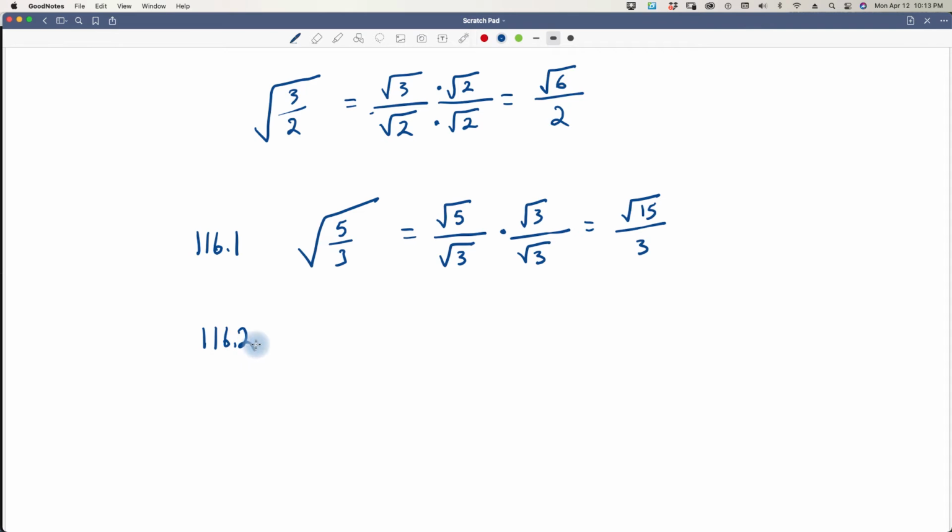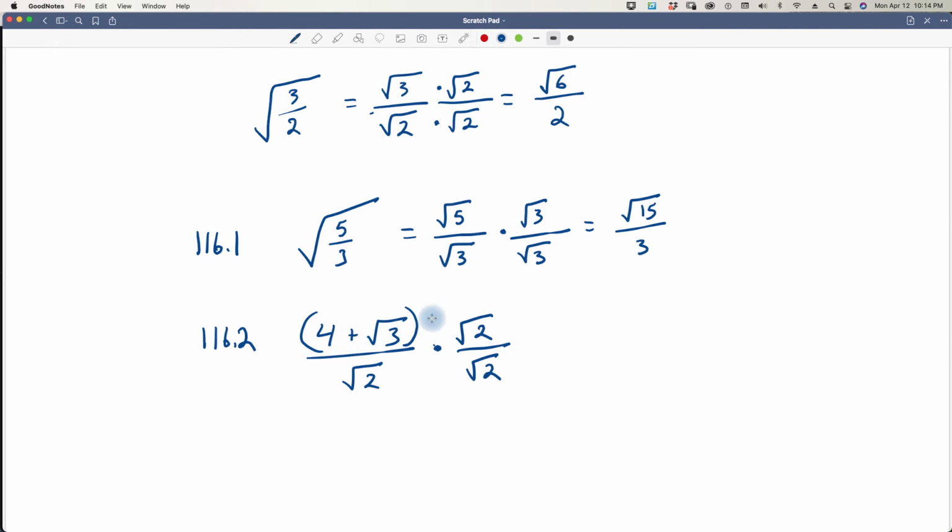So let's do 116.2. We have a fraction now. We have 4 plus the square root of 3 over the square root of 2. So we need to multiply both of these times the denominator. So that's what we're going to do. In this instance, we're going to use the distribution process, since we don't have two binomials.